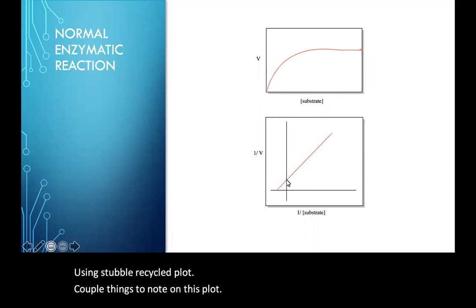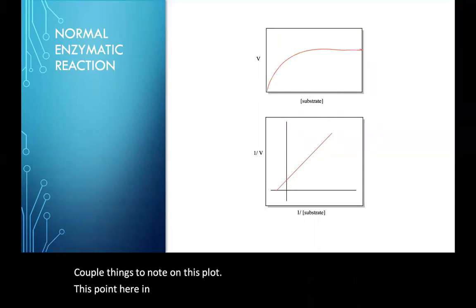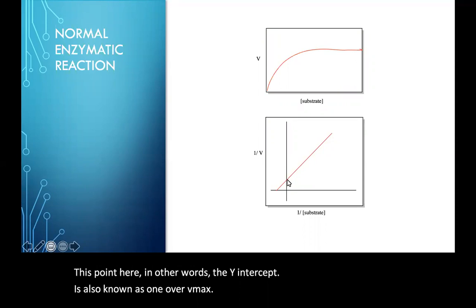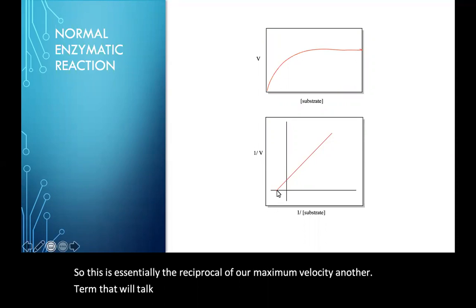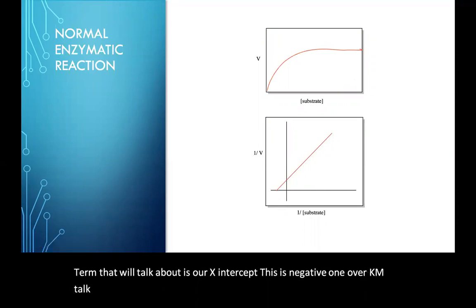This point here, in other words the y-intercept, is also known as 1 over Vmax. So this is essentially the reciprocal of our maximal velocity. Another term is our x-intercept. This is negative 1 over Km. We'll talk about what Km is in a later video.